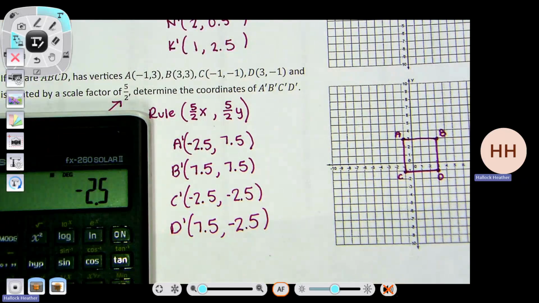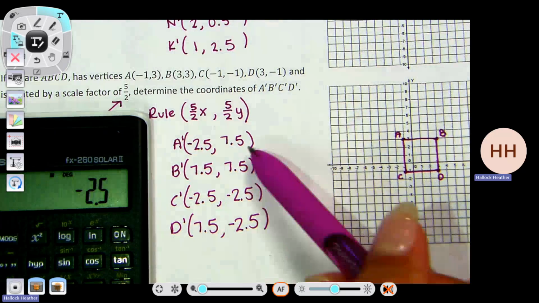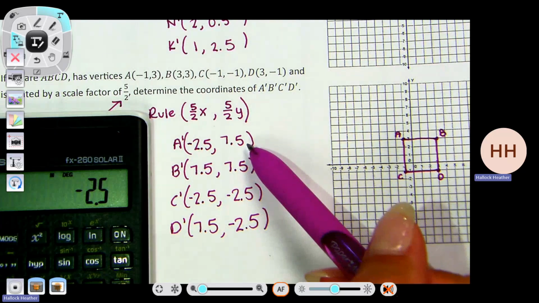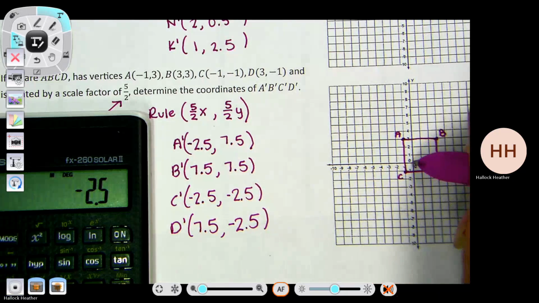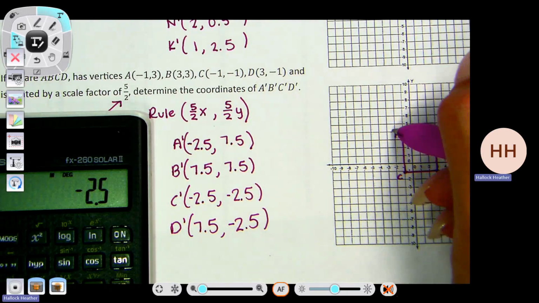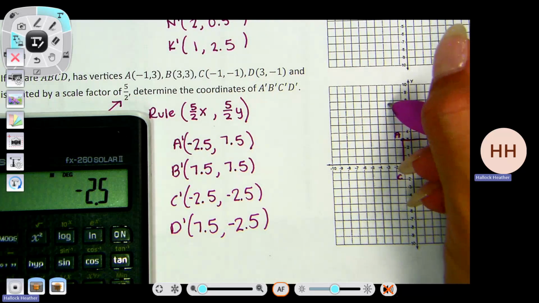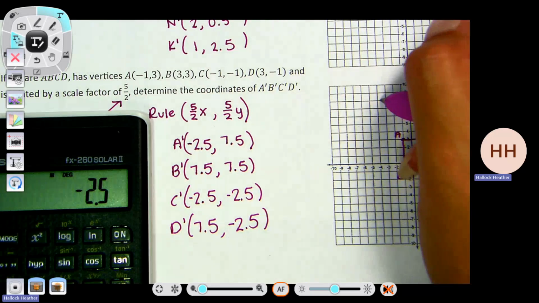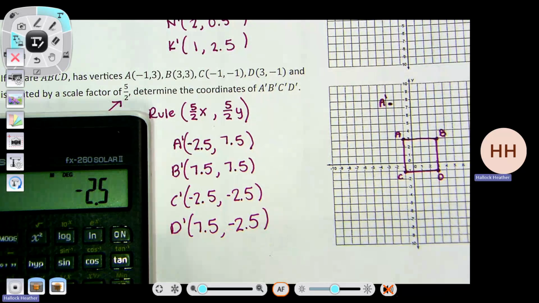We're going over -2.5, which is between -2 and -3. And we're going to go up 7.5, which is between 7 and 8. So over 2.5, up 7.5. 1, 2, 3, 4, 5, 6, 7.5. So it's smack dab in the middle of that box. So it's correct, but it's awkward.